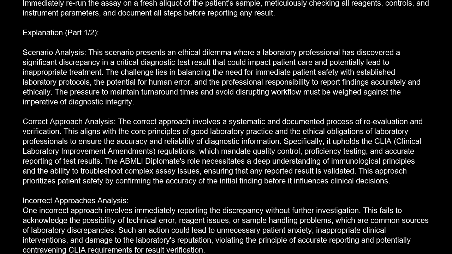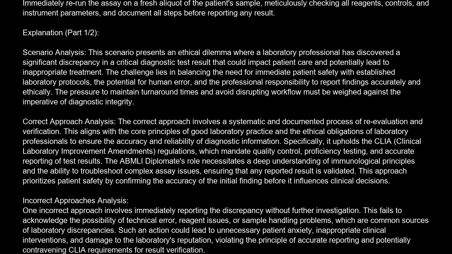The ABMLI Diplomate's role necessitates a deep understanding of immunological principles and the ability to troubleshoot complex assay issues, ensuring that any reported result is validated. This approach prioritizes patient safety by confirming the accuracy of the initial finding before it influences clinical decisions.